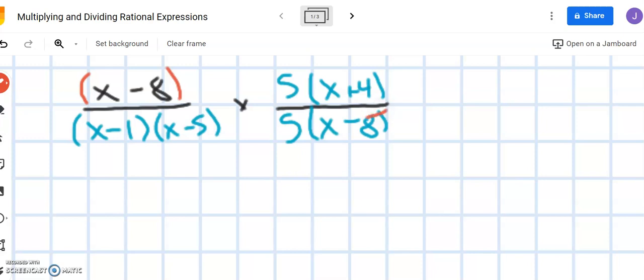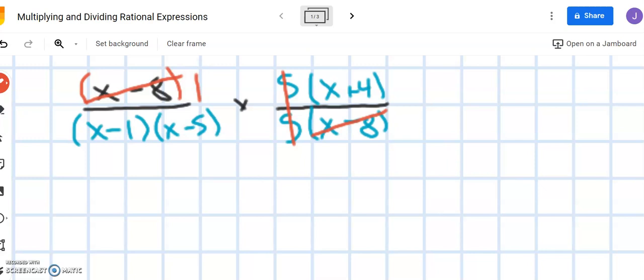So this x minus 8 and this x minus 8 go away. On the second fraction, I notice I see a 5 that repeats, so I can divide that out. I know when I divide something by itself, it always gives me 1. Since I don't see anything left in the top of that first fraction, I'm just going to imagine that there's a 1 there just in case I need it.